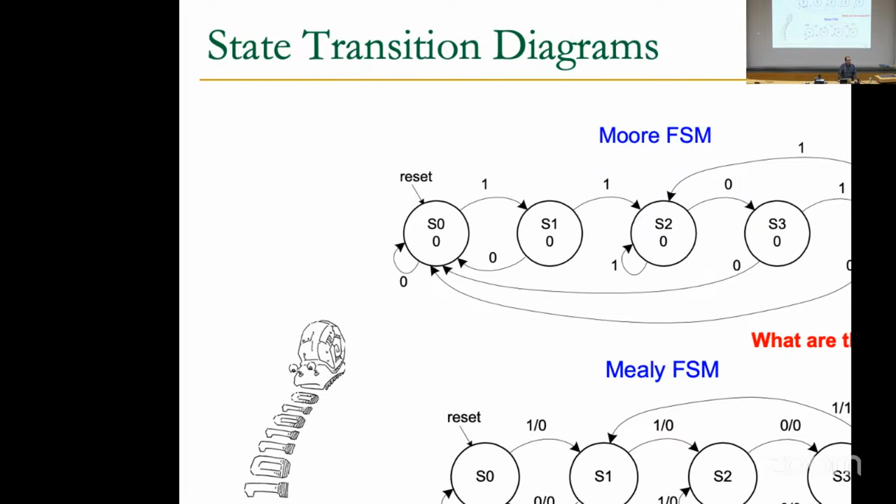Yes? Since flip-flops are so expensive and Moore needs more states, can you say that if you want to minimize the amount of transistors that we use, it's usually Mealy? I should say that maybe in the past, yes. Of course, when your main effort is to reduce the number of flip-flops, probably you should go with Mealy.